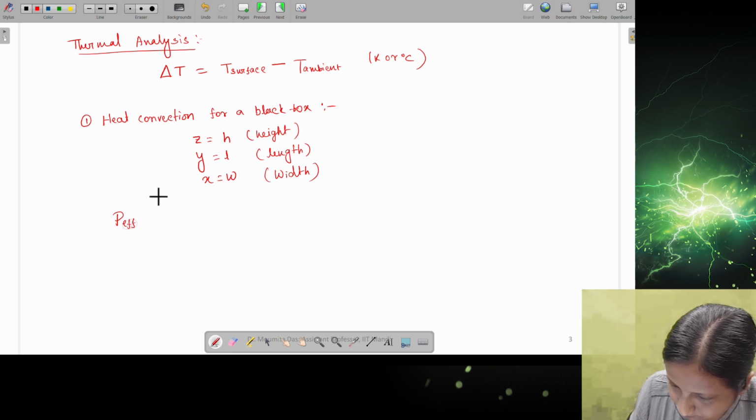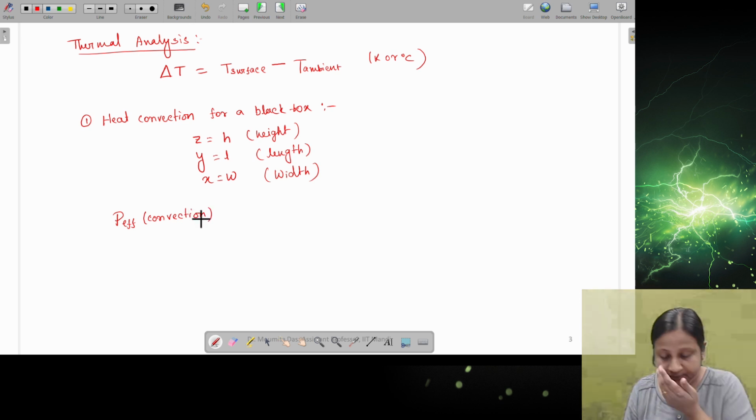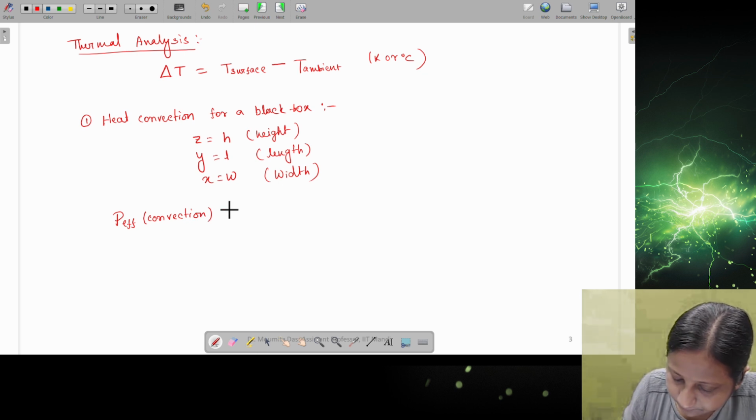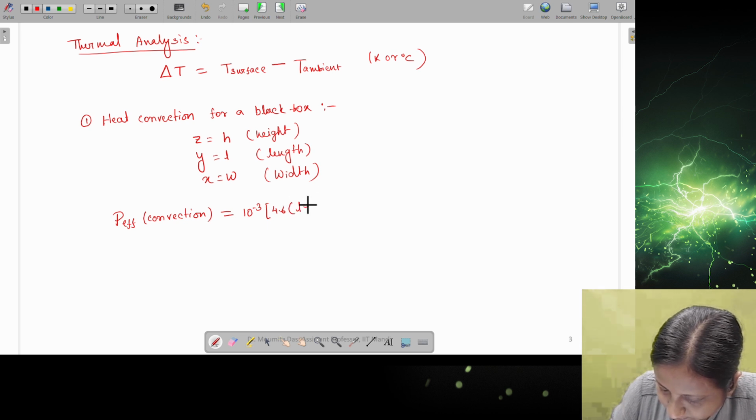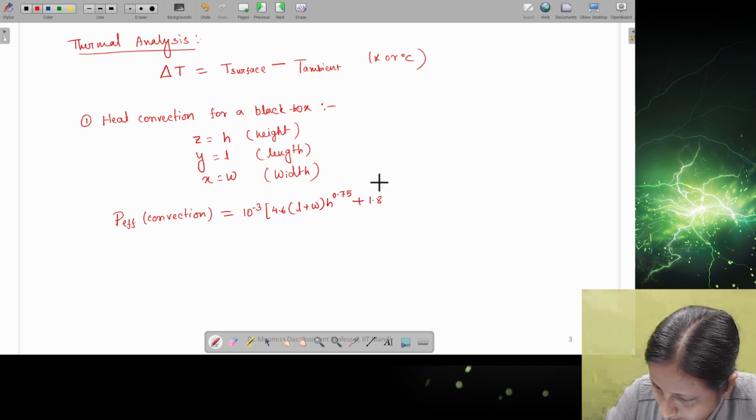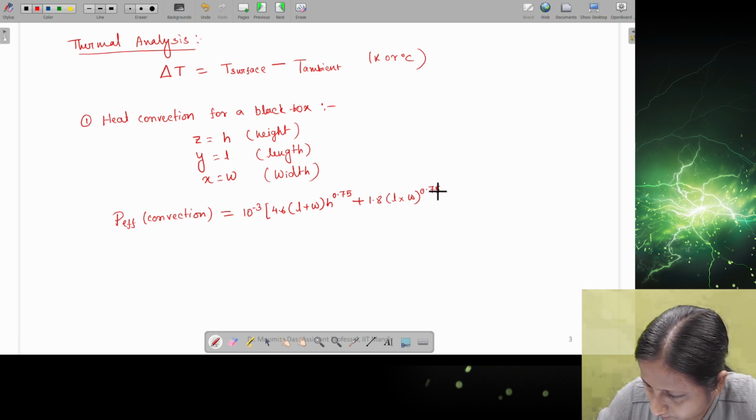Then this heat convection, we can find: P effective for convection is equal to 10 to the power minus 3, times 4.6 times (length plus width) multiplied by height to the power 0.75, plus 1.8 times (length multiplied by width) to the power 0.75, then this multiplied by (length plus width) to the power 0.25.